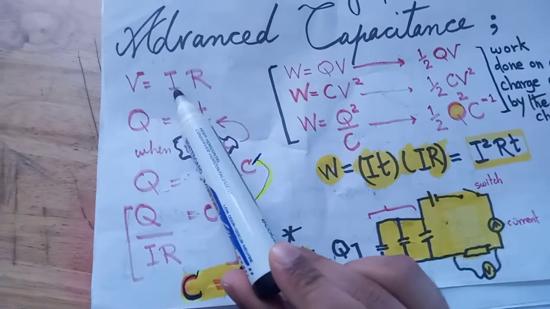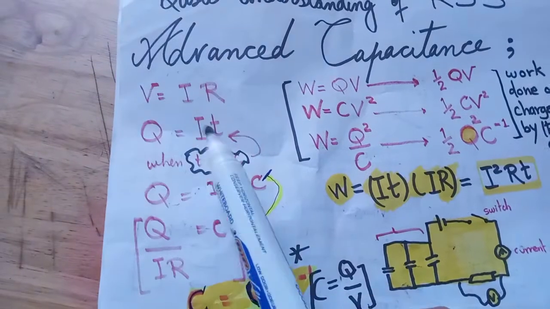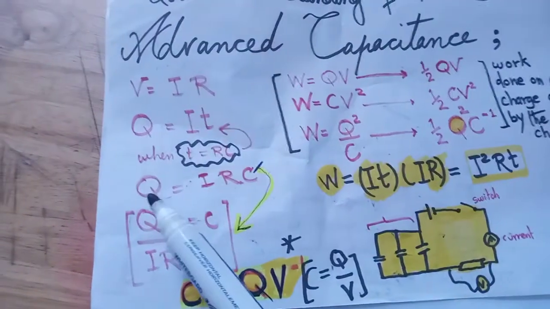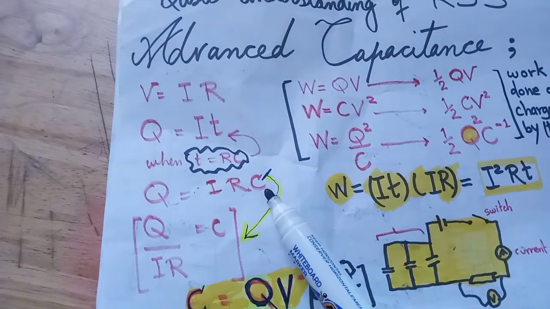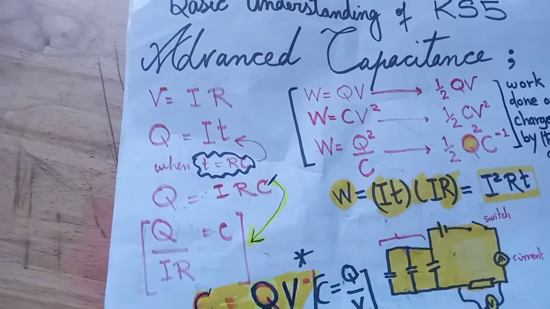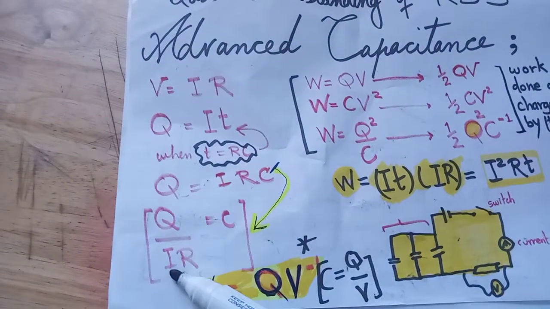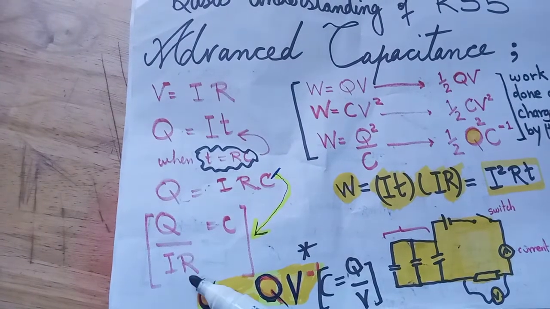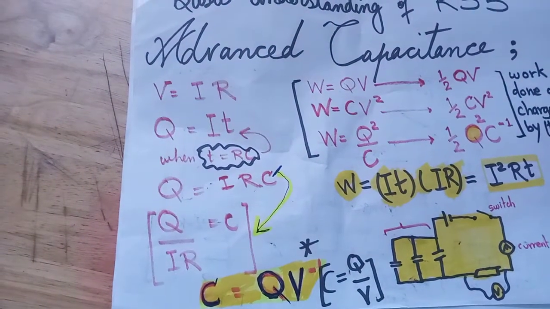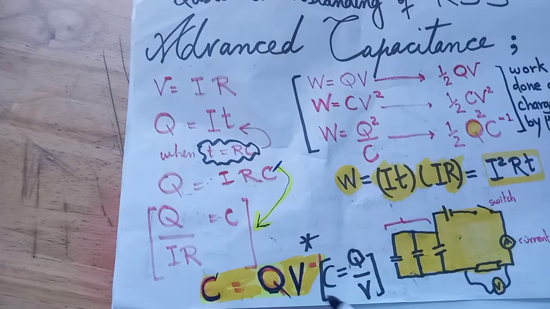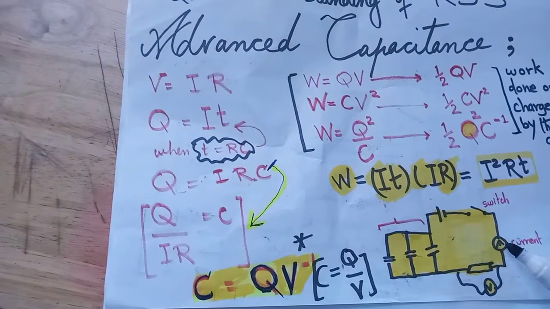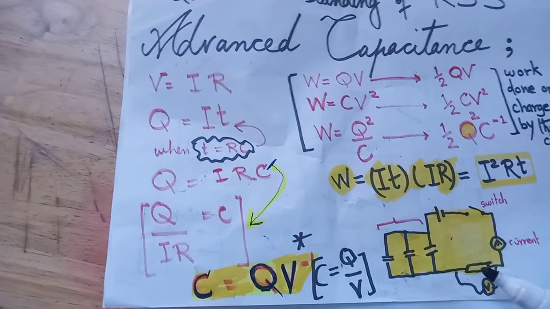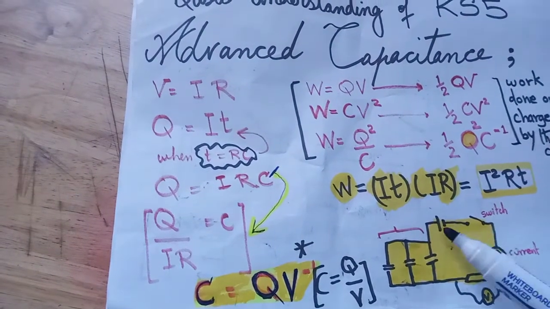So again, the units for this will be volts, amperes, ohms, coulombs, seconds, and farads, microfarads, picofarads, nanofarads. And the circuit components are voltmeter, ammeter, resistor, capacitor, battery, switch.